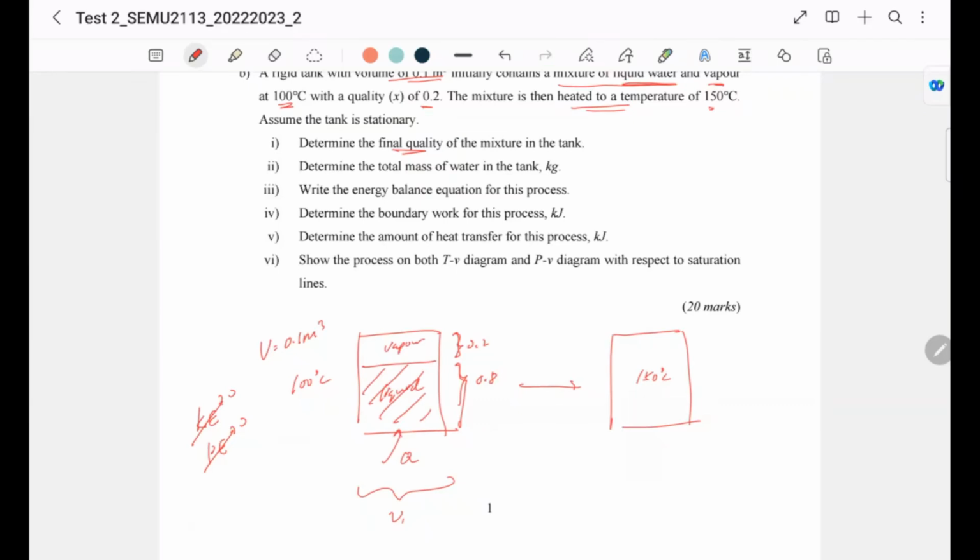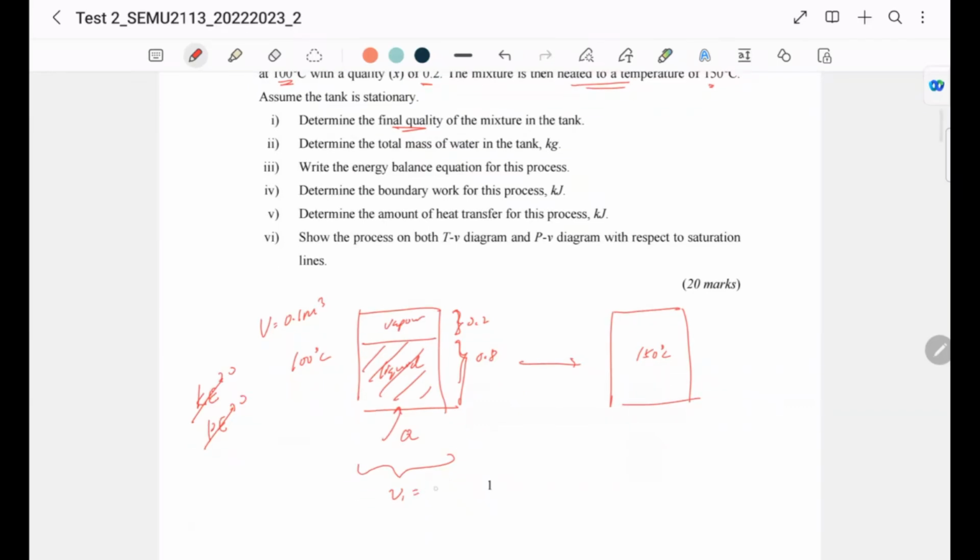So this we can calculate based on vf plus x vfg. Then we know the specific volume in state number 1.